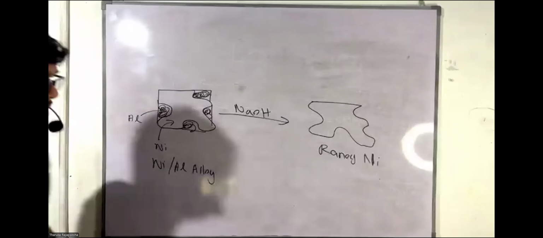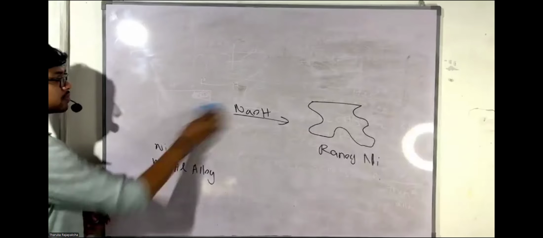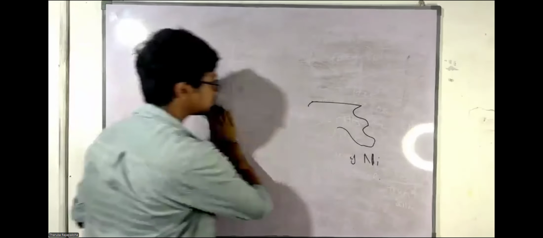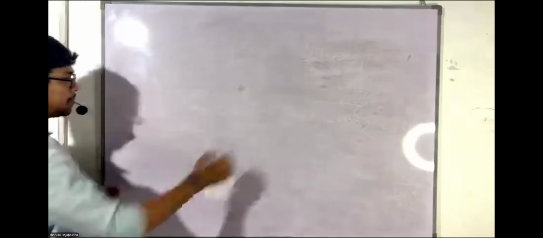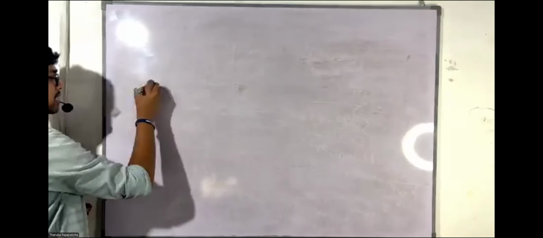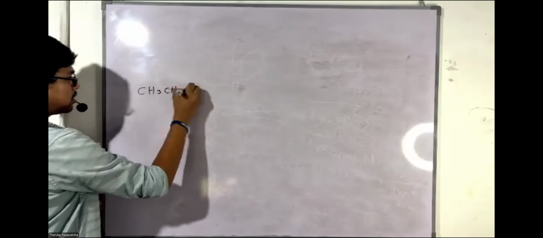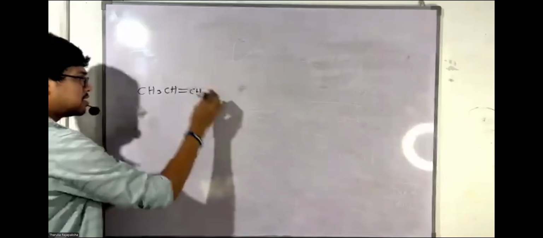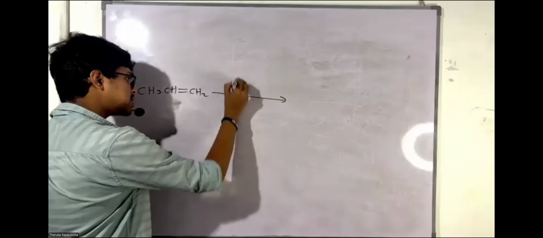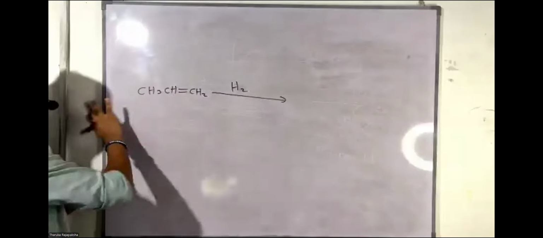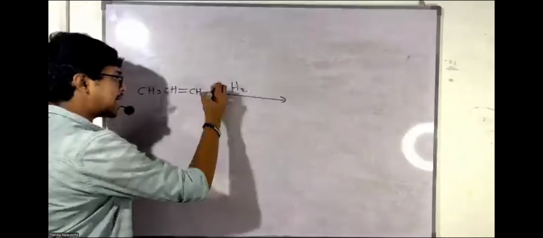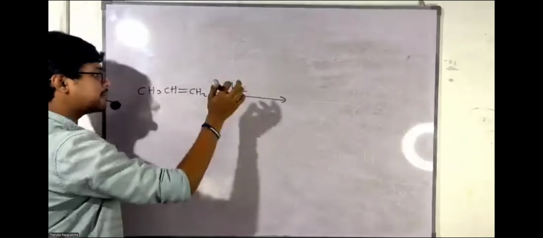Hurry. So let's write a reaction, for this compound CH3CH=CH2. You're going to write hydrogen here. When you are doing a conversion, we write an arrow and on top of the arrow we write the reagent that you are adding.